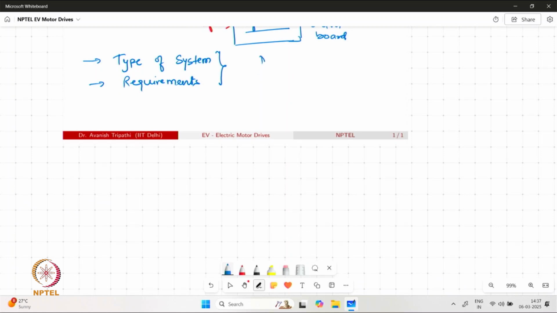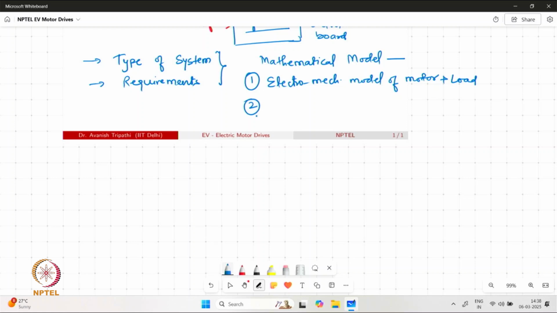So we need a good understanding about the whole system, which is why we need a mathematical model, which essentially consists of the electromechanical model of motor plus load, and the electrical model of the power converter.